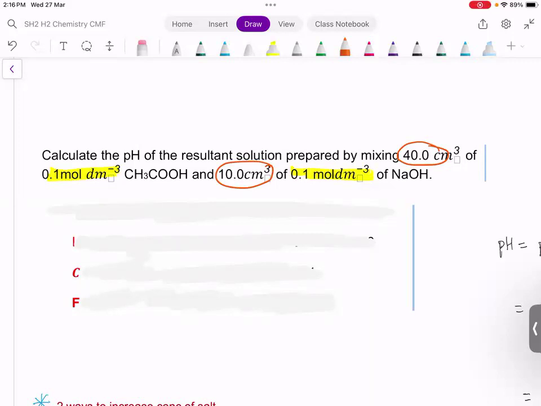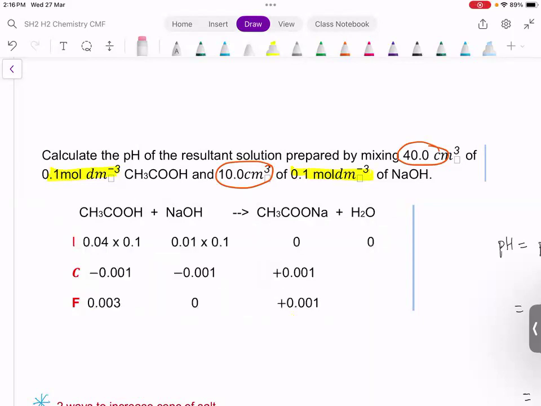Then what is the effect of sodium hydroxide here? Yeah, it forms a salt. So in this case, in your ICF table, there is a reaction between your weak acid and your strong base to form the salt. So in the ICF table, you can write something like this.